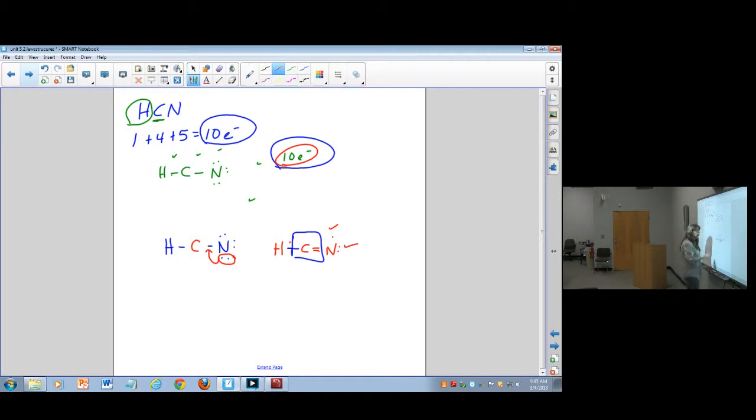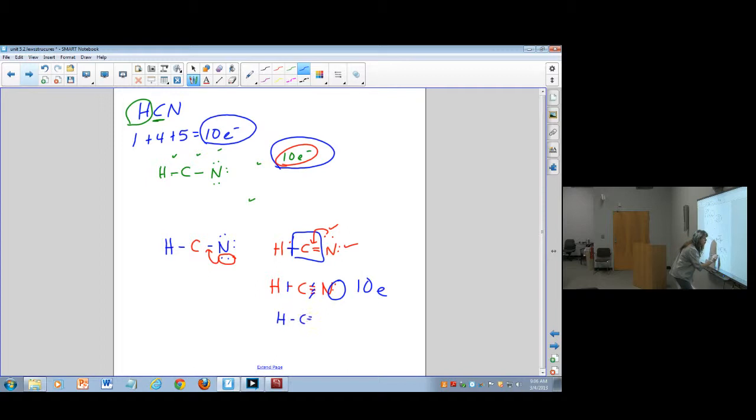So I'm going to do one more shift and put this over here and see if I can make this into a good octet. Make one double bond. I'll have one pair of electrons left on the nitrogen. Now, I'm going to count 2, 4, 6, 8, 10. Good, finally, I'm there.